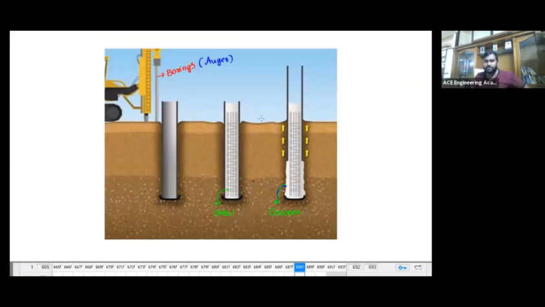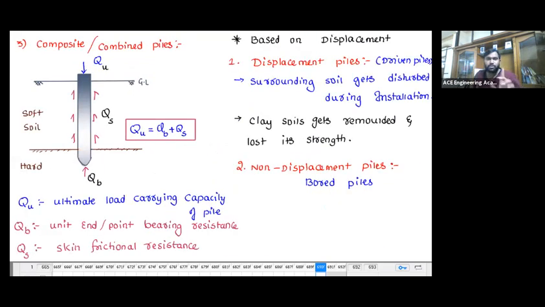You cannot say there is no soil disturbance, but compared to driven piles, in the case of bored piles the disturbance is very less. So the note point here is, generally for clayey soils we go for bored piles, and for sandy soils we go for driven piles.